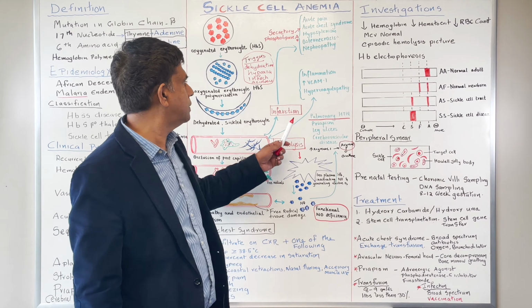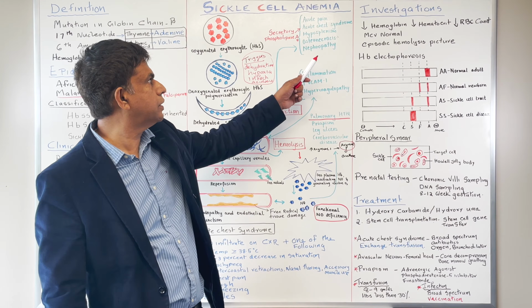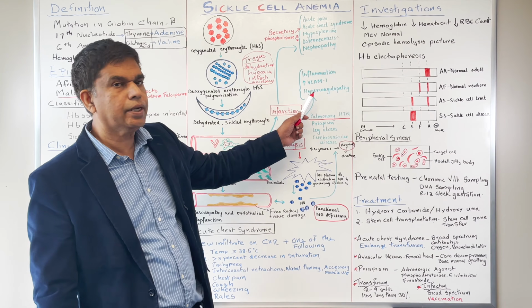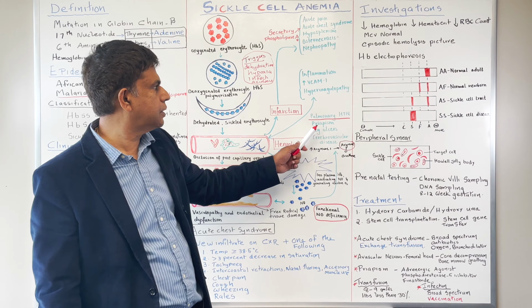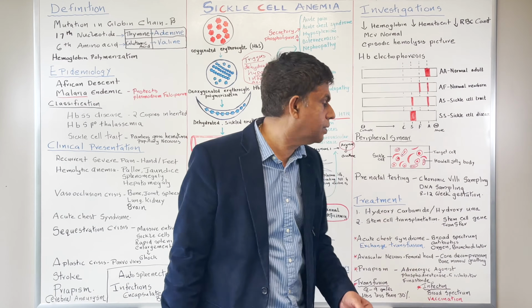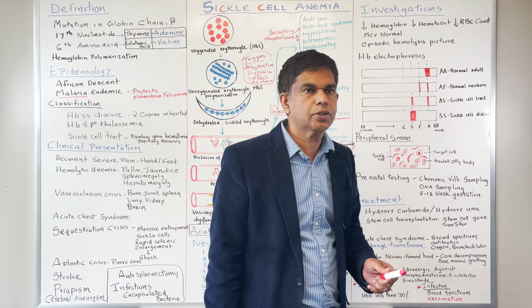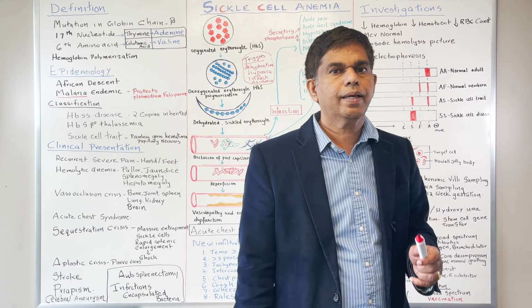Then you talk about all this infarction, acute pain, acute chest syndrome, hyposplenism, osteonecrosis, and there's inflammation, hypercoagulability, pulmonary hypertension, priapism, leg ulcers, which is very common in all hemolytic anemia. And then cerebrovascular disease, don't forget, 20% of these people have stroke, and they might not even know.